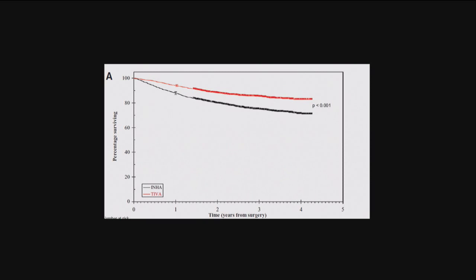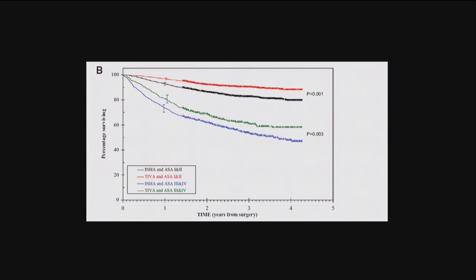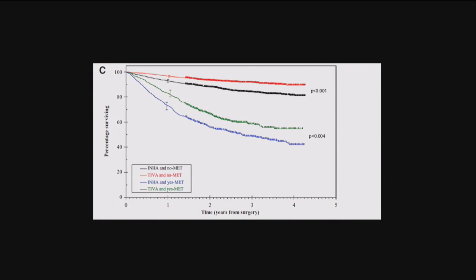This is propofol versus the inhaled anesthetic, much higher survival. Then they looked at ASA status, ASA 1 and 4, in both. In ASA 1 propofol, ASA 4 propofol, much better in both, propofol versus inhaled. And if you look also at those with metastasis and without metastasis, those with metastasis, of course, die more, but in both, propofol was better in survival than inhaled anesthetic.